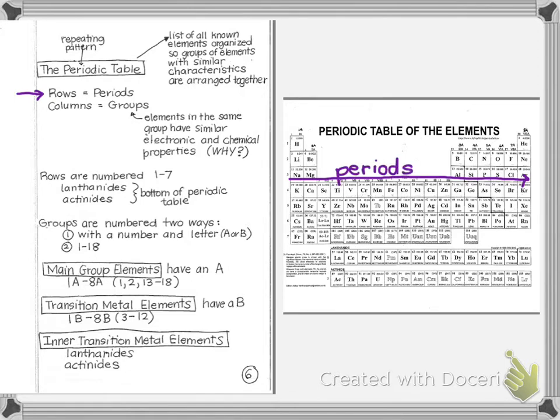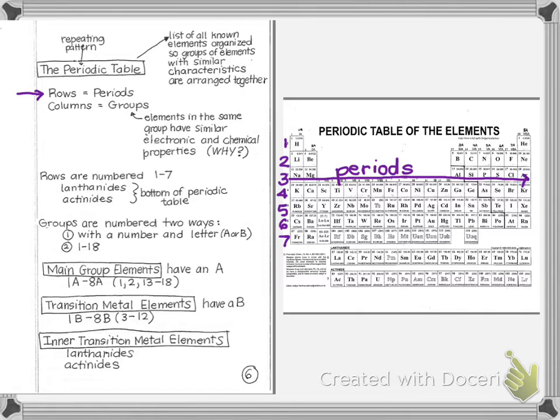Now on many periodic tables, you'll notice that each row has a number in front of it. Even though the first row only has 2 elements, we still call it number 1. And so the line I drew, we would say is period 3. Okay, so period would simply mean row to me, and then 3 tells me it's the third one down. Okay, so that's not too bad.